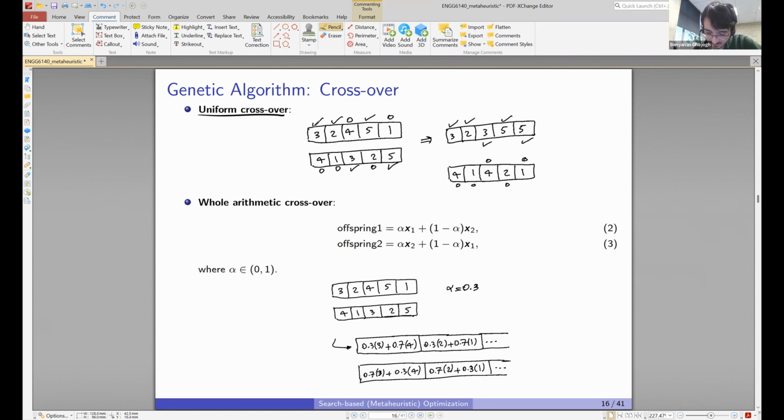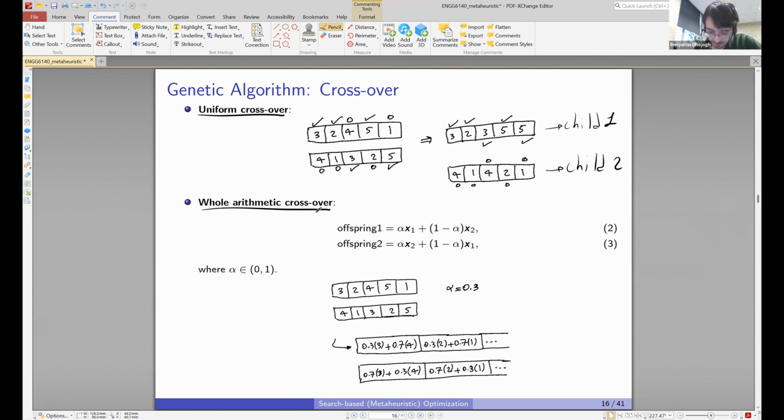For example, I take this and this next to each other, and this can give me child 1. I can have the other way around to have child 2. I can also do some more flips, random generations of the genes to make other children too, right? This is what is called uniform crossover. So we randomly select the genes from the 2 parents and put them together to make the child.